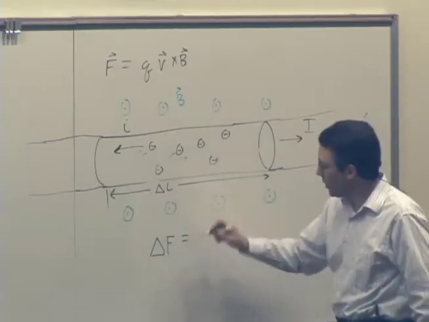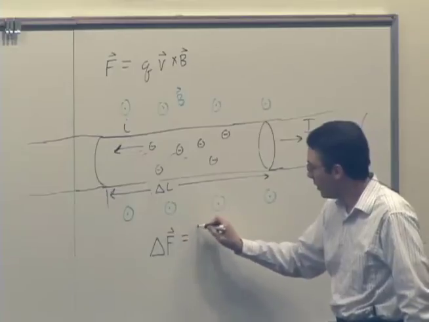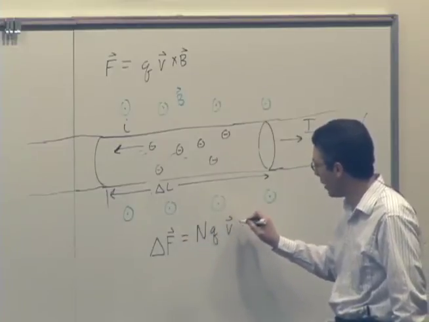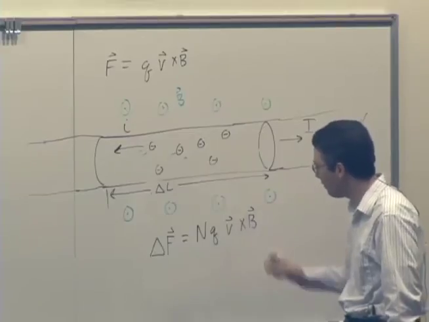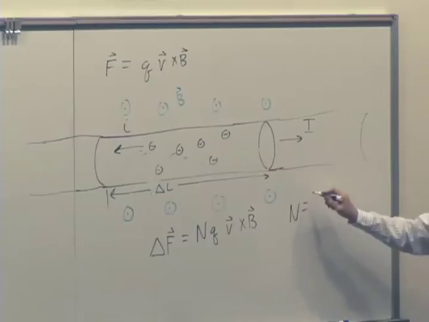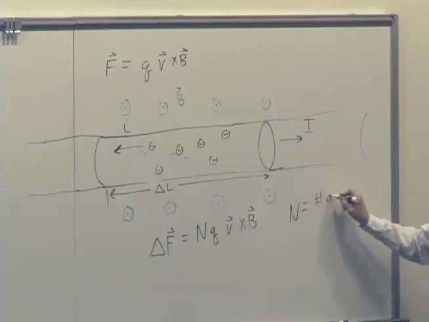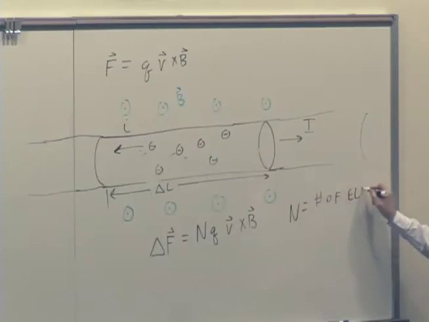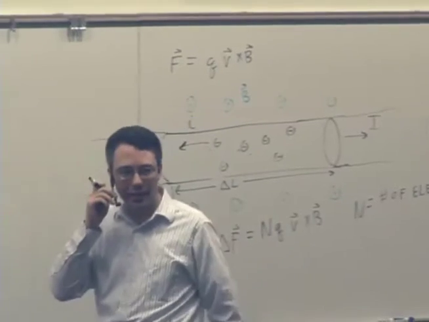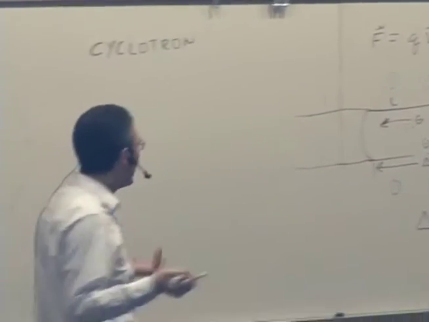But the force on just this piece is going to be the number of electrons times the charge times their velocity cross B. Capital N is just the total number of electrons in this segment. And as usual, we can relate this to the electron density, right?